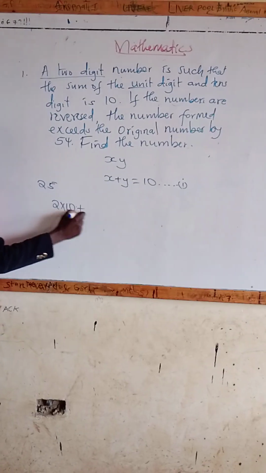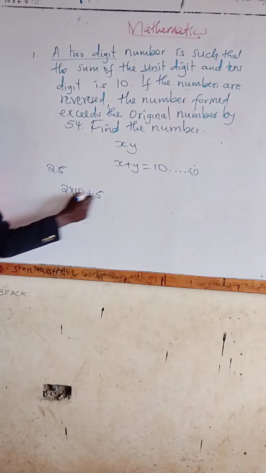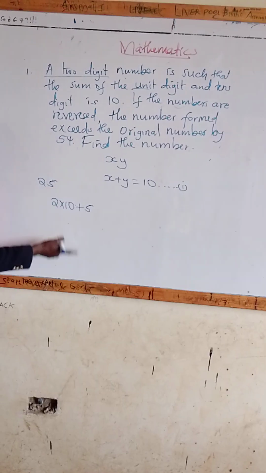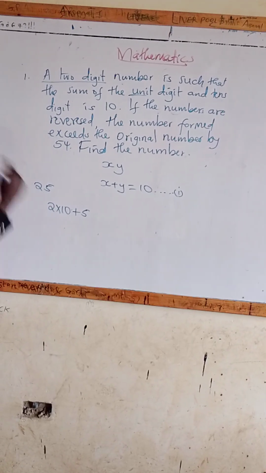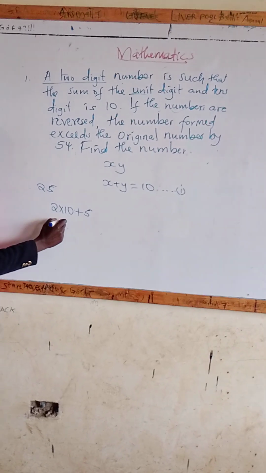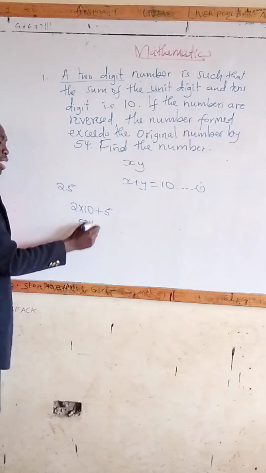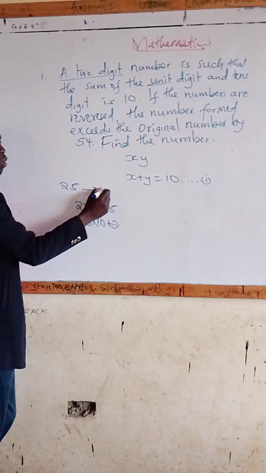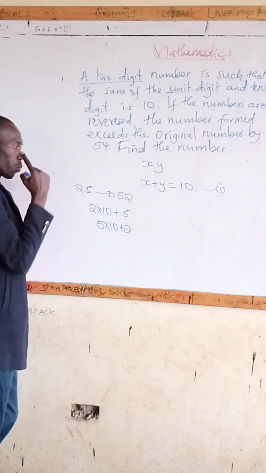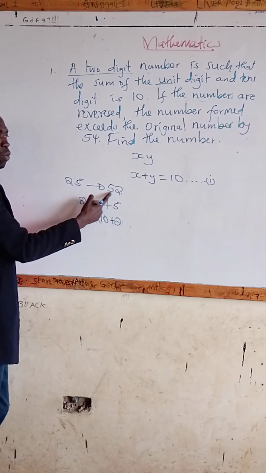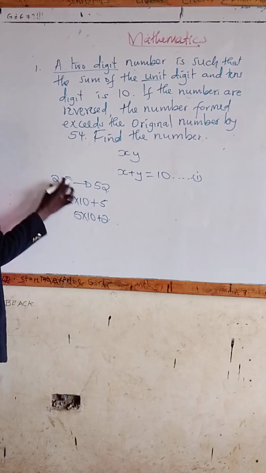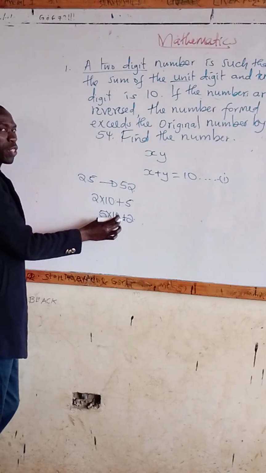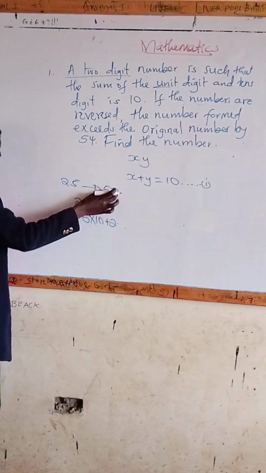Then I add the ones digit: 20 plus 5 gives us 25. When we reverse the number, we do the same, with 5 times 10 plus 2. The reverse of 25 will be 52, so 5 times 10 gives us 50, then we add 2, bringing us 52.